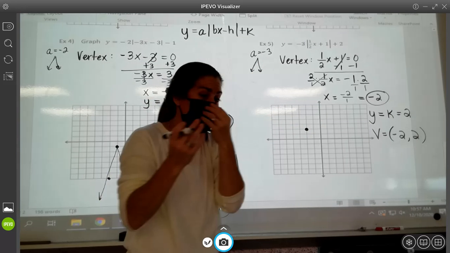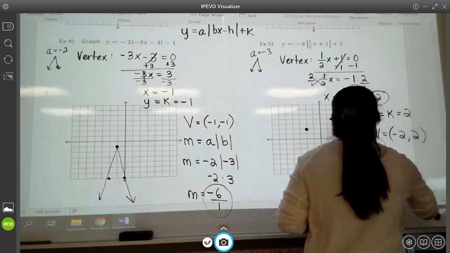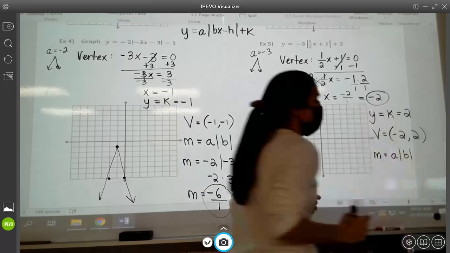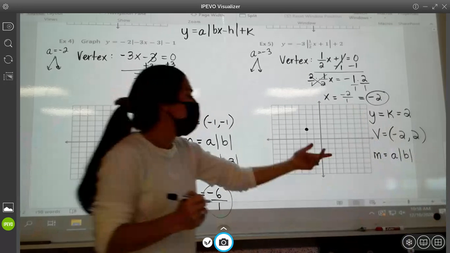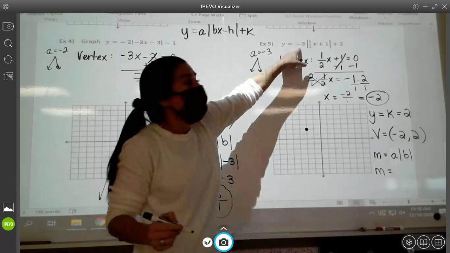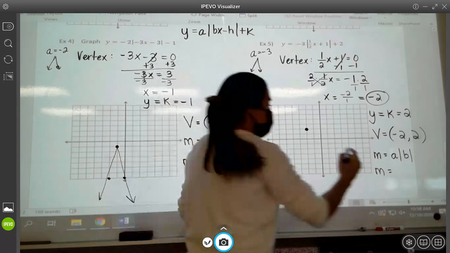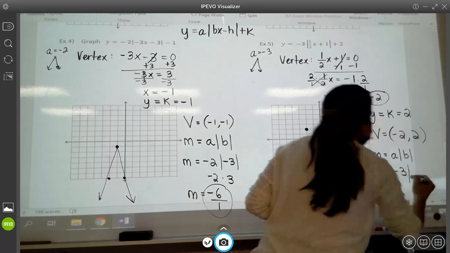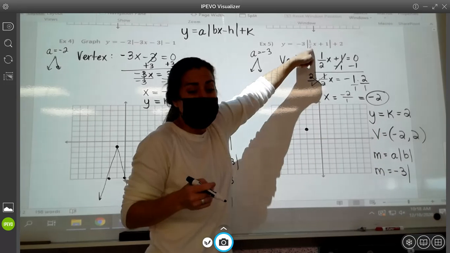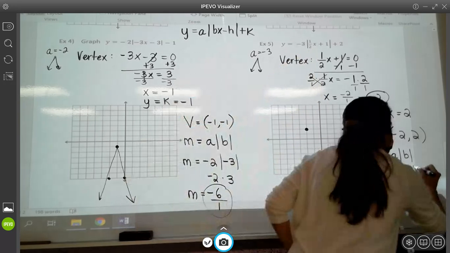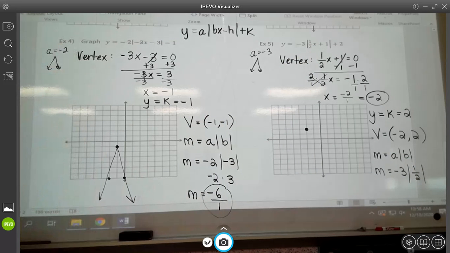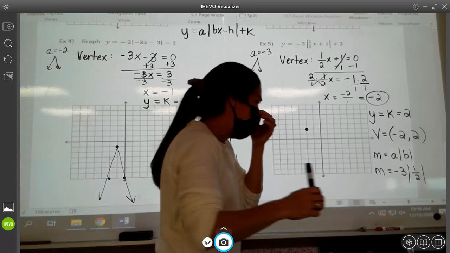Now we need our slope to get to those points. So our slope will be equal to a times the absolute value of b. Let's see who's who. In this problem, a is -3, the number in front, times the absolute value of b. B, the number in front of x inside the bars, is 1/2. So -3 times the absolute value of 1/2. Let's do the absolute value of 1/2 first.